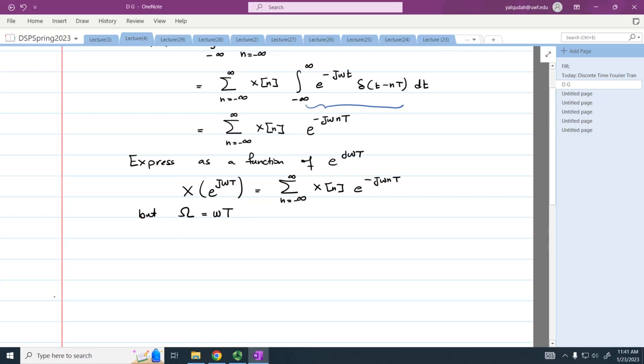You recall that, everybody? The first or second class, we defined omega as equal to W multiplied by T. So therefore, if I substitute for W, I can write this as X of e to j omega equal the summation from n equal negative infinity to infinity x of n e to negative j omega multiplied by n.